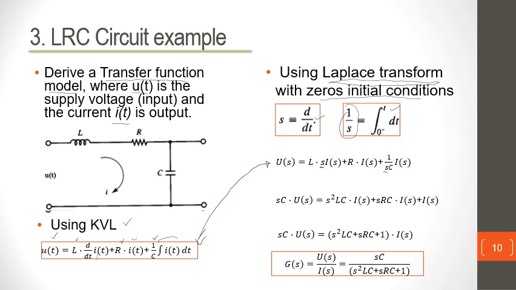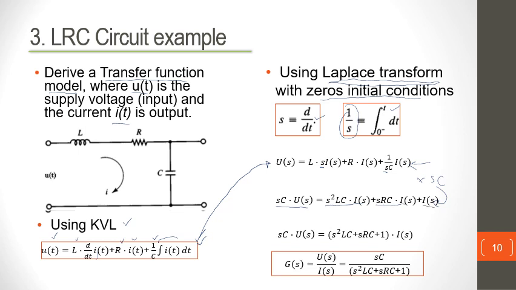Having done that, we come to this equation. Now we first multiply by sC throughout, and that gives us sC times U of s on one side, and s squared LC I of s, plus s RC I of s, plus I of s on the other, with the sC removed from the bottom.